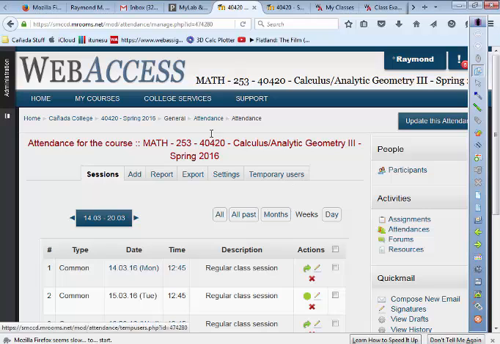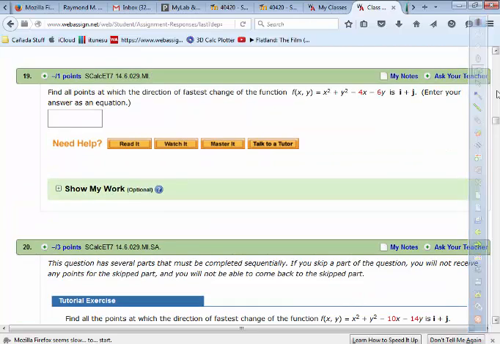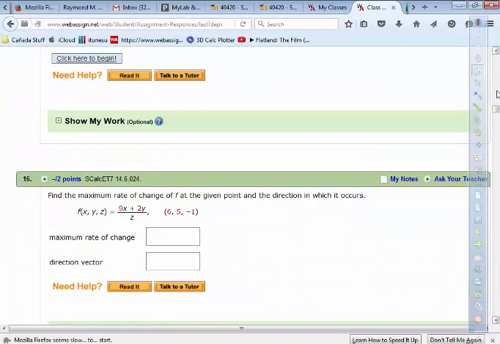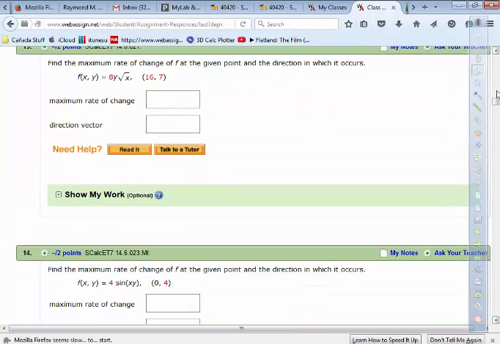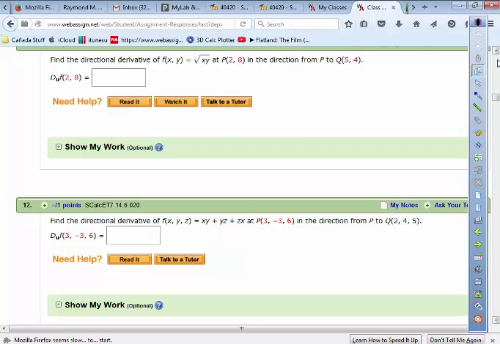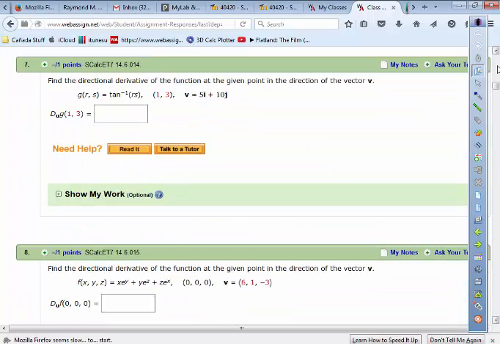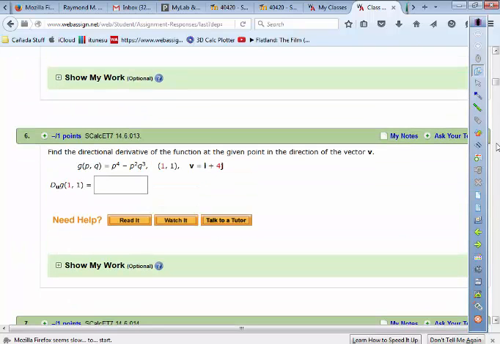All right, I have some examples set up here, I think. Number 12 looks like it could be a little challenging. Let's see. Oh no, that's 3 dimensions. Well, let's do that later. All right, let's do number 6.